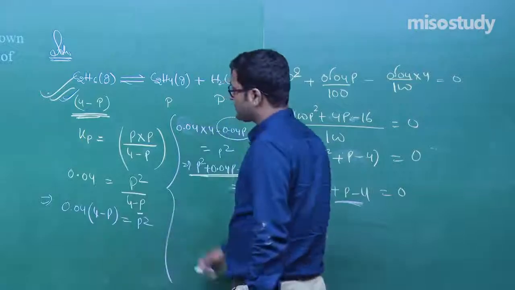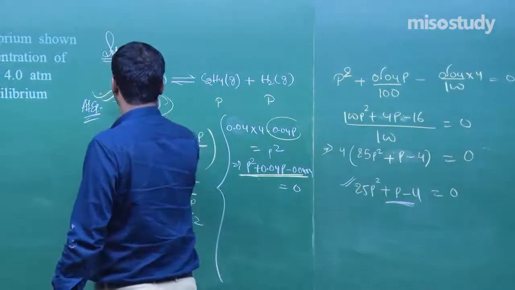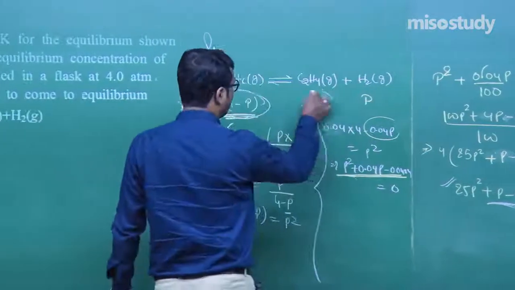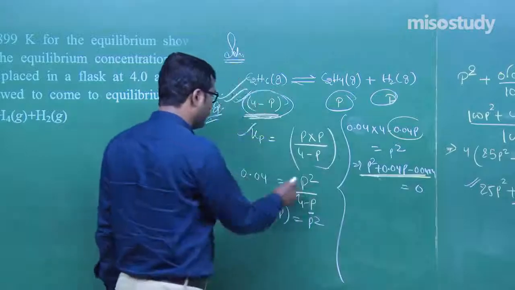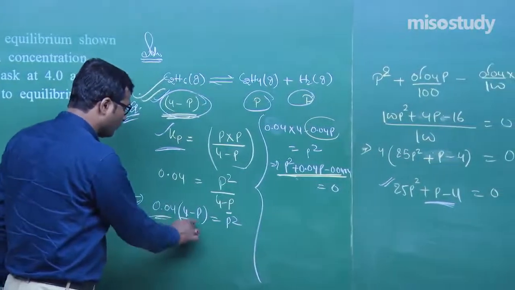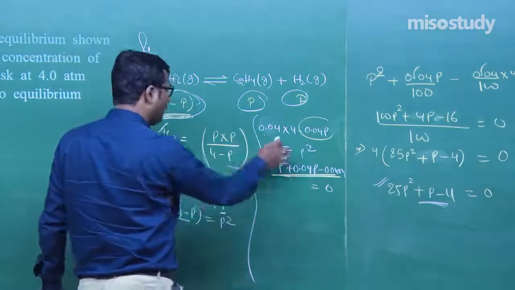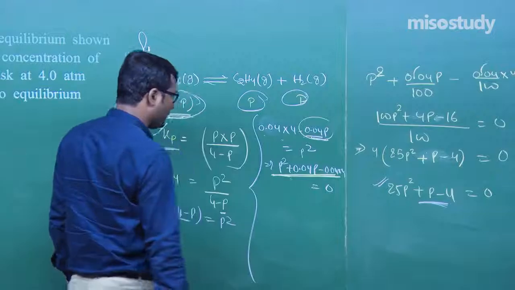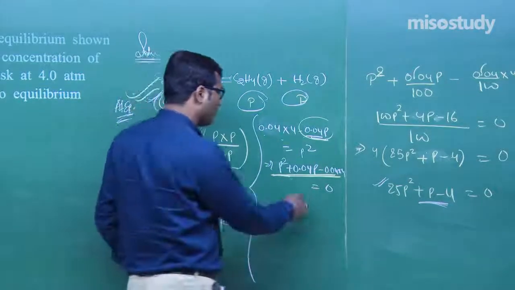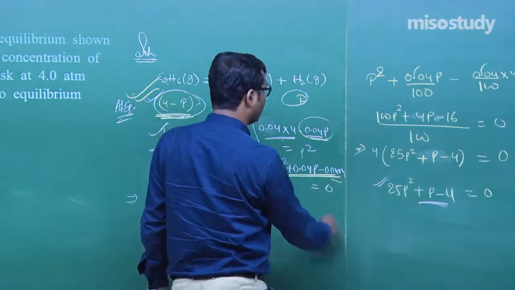So the equilibrium concentration will be 4 minus P. Let me check once. Kp is equal to P into P upon 4 minus P. Kp is 0.04, so 0.04 into 4 minus P equal to P square, 0.04 into 4 minus 0.04 P. If it moves here, that is P square plus 0.04 P minus 0.04 into 4.